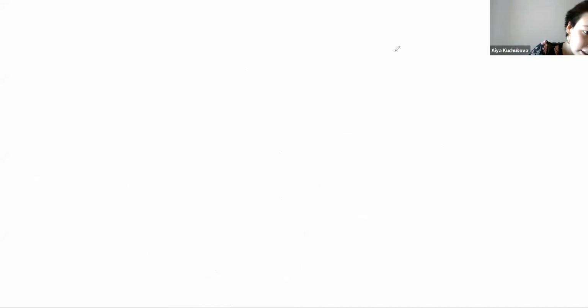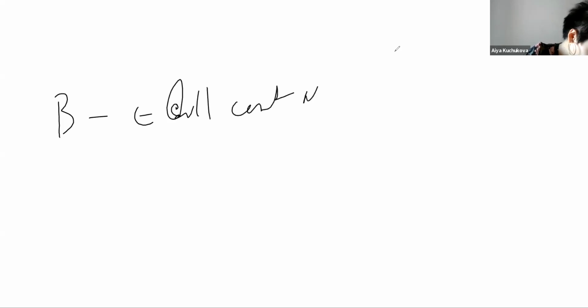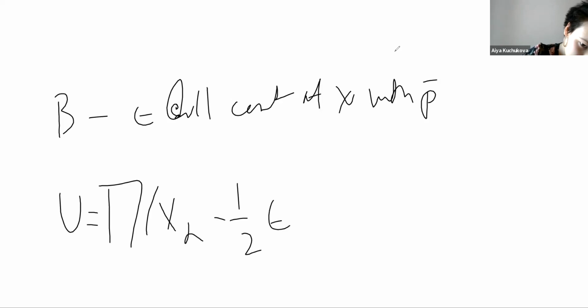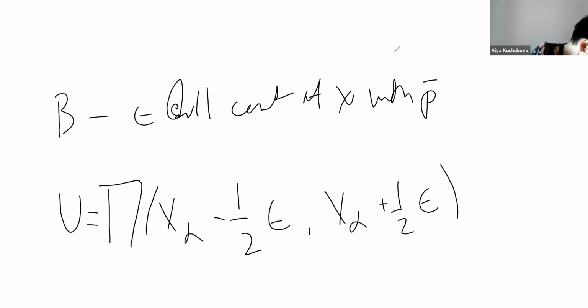When we have B to be an epsilon ball centered at X with the D bar metric, then the box neighborhood U, with epsilon over 2 around each coordinate, would be contained in B, right?